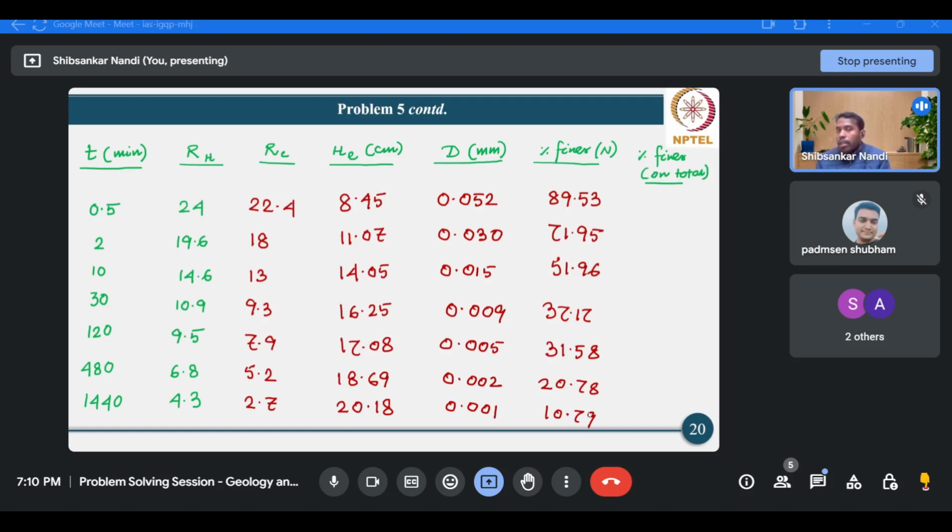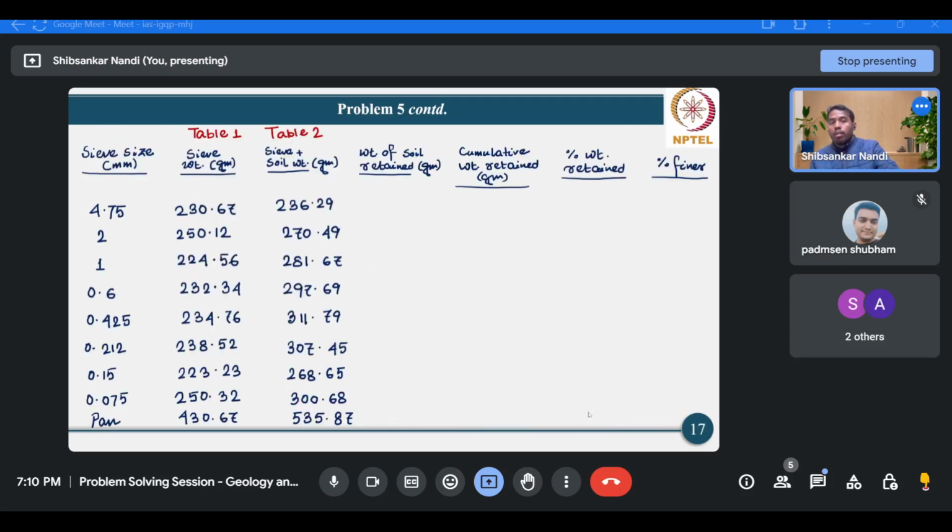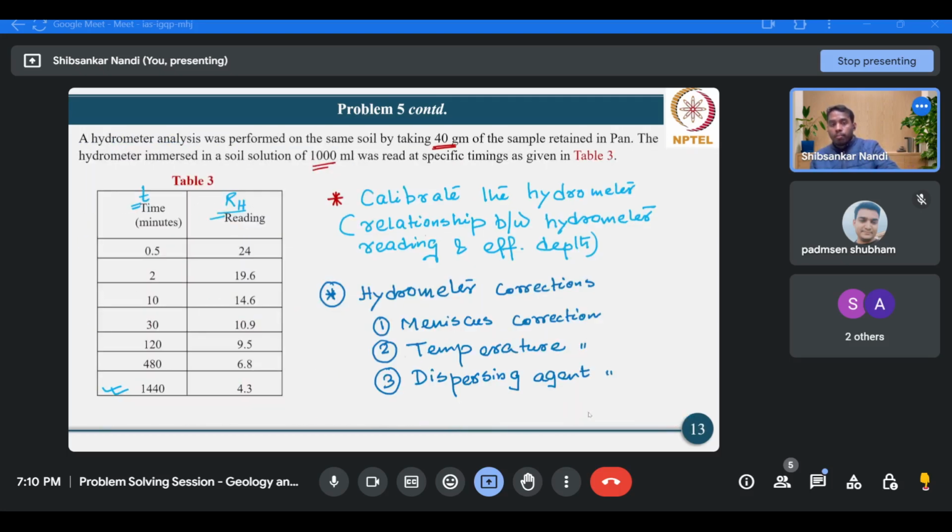Do you think there is a necessity for this additional column? Yes, there is a necessity, because most people make a mistake here. This percentage finer, whatever we have got, is for the soil sample corresponding to that retained on the pan.